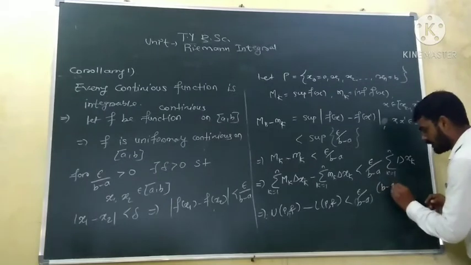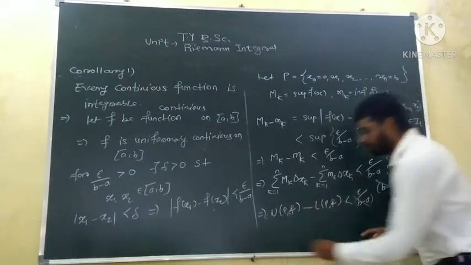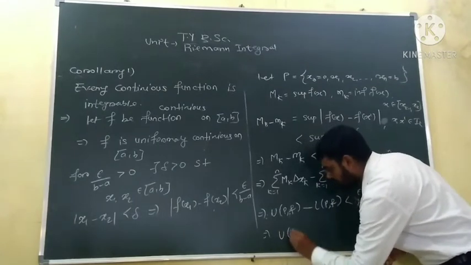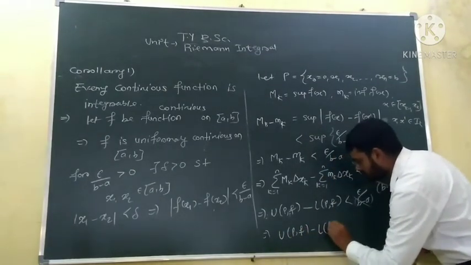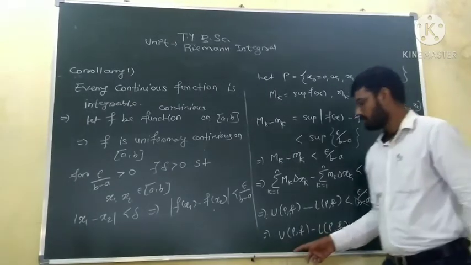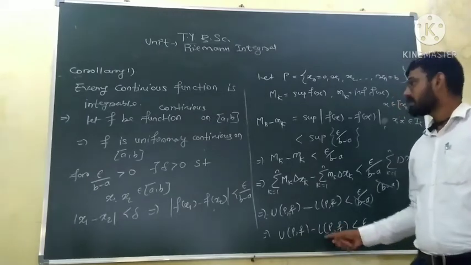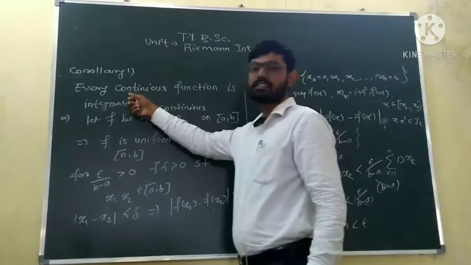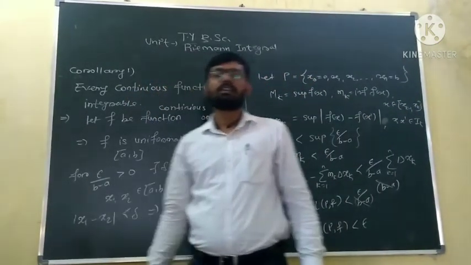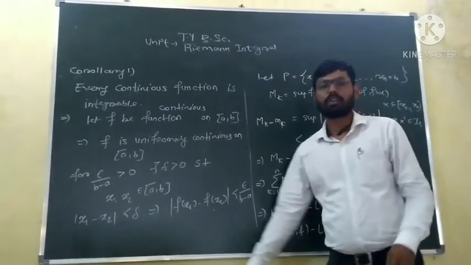So this gets cancelled, and the upper sum minus the lower sum is less than epsilon. By the first form of the integrability condition, this implies that a function which is continuous is always Riemann integrable. This is the first corollary.